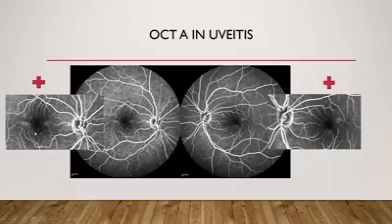This is the right eye and this is the left eye. But again, this perifoveal vascular staining, which is a sign of perifoveal vasculitis, doesn't explain the severe drop of vision in the right eye. We may find some increase in leakage in the right eye, but it does not go with the drop of vision in the right eye.